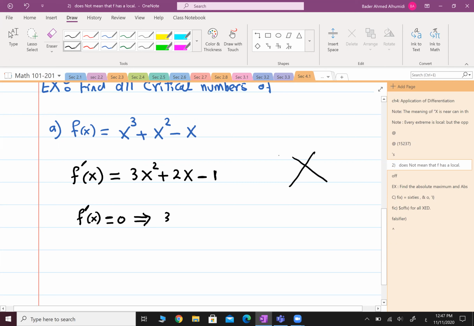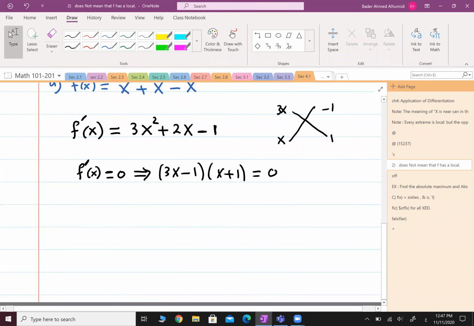So it will be 3x minus 1 times x plus 1 is equal to 0.